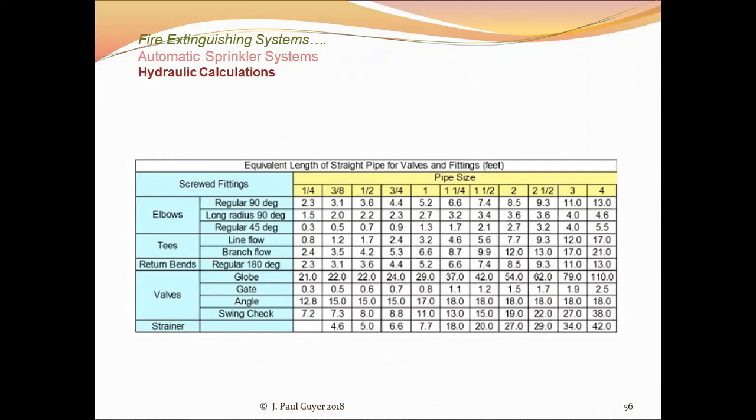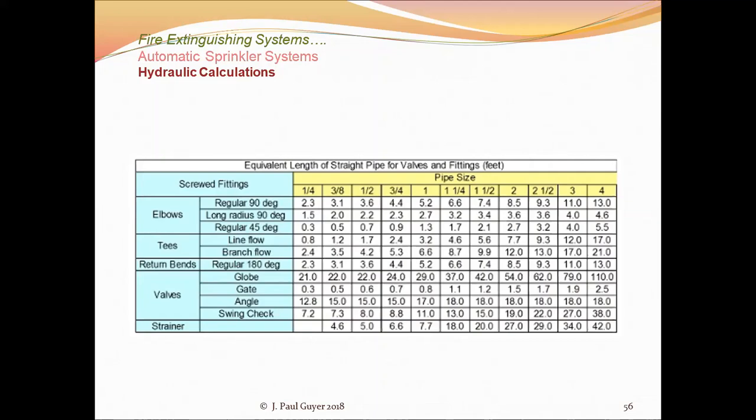And the way you calculate your pressure loss is you lay out your piping system, which is kind of a logical thing you simply do graphically. And then you make some assumptions about the sizes of pipes that you're going to need. And once you've done a few of these, you know pretty well what sizes they're going to be.